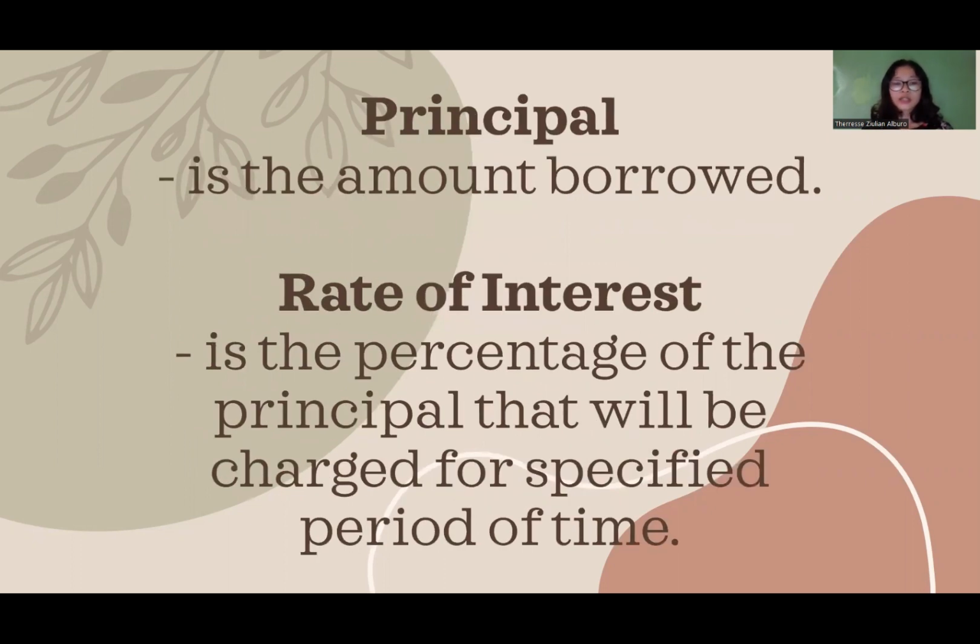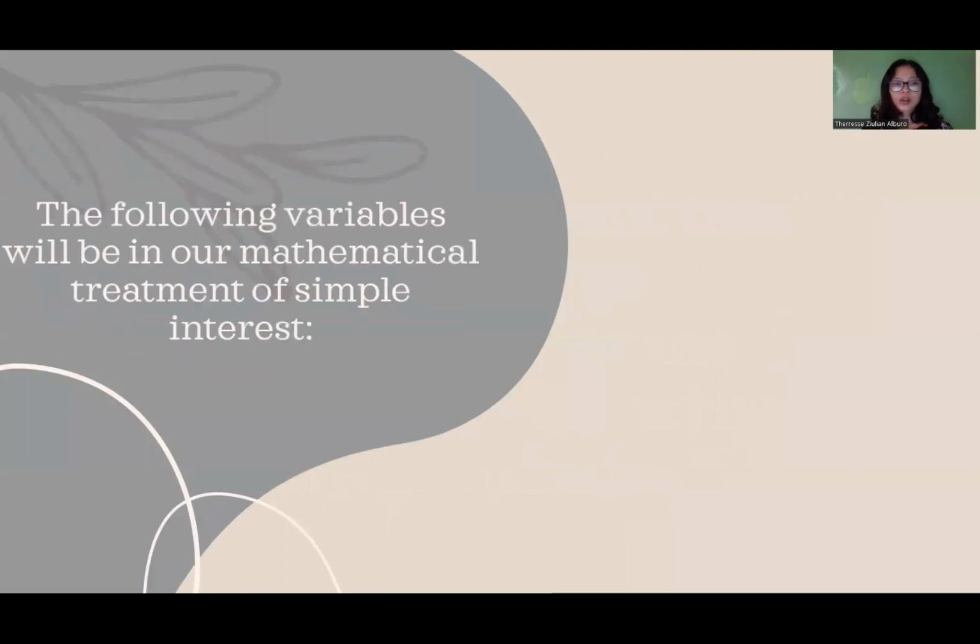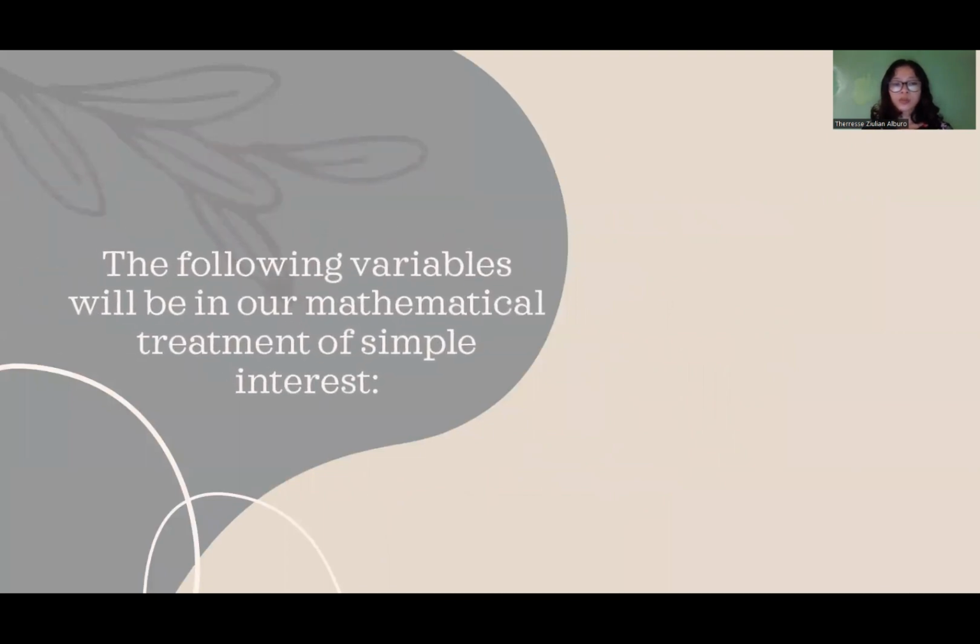Rate of interest is defined as the percentage of the principal that will be charged for a specified period of time. So here are the following variables, symbols or letters that will be in our mathematical treatment of simple interest.